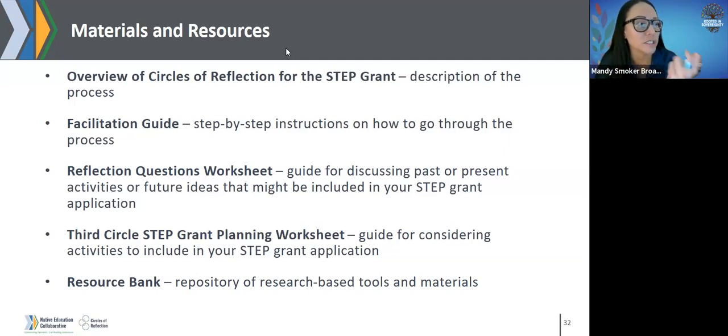Then a reflection questions worksheet paired up to STEP grant application components, and a STEP grant planning worksheet, which allows time to consider what activities, based on all of this rich discussion and data, we should transition into our STEP grant application for those priorities. And then again, sending people to the resource bank, because there are a lot of great tools, ideas, and research there that can be helpful in this overall process.